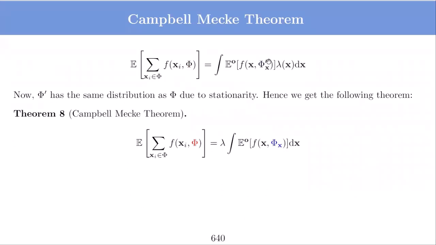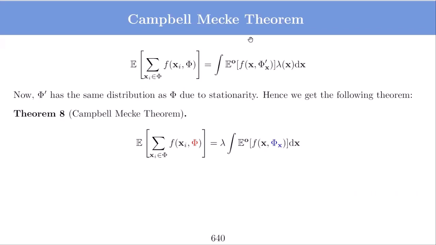Now forget about the rest and just look at this particular part. This is a deterministic integration, and the expectation with respect to phi dash is only here. You can notice that phi dash and phi have the same distribution because of stationarity. Phi is a stationary process, so if we shift it by x, it still has the same distribution.